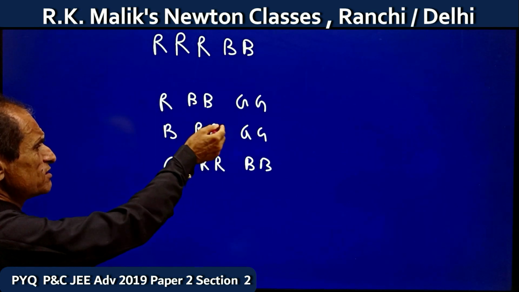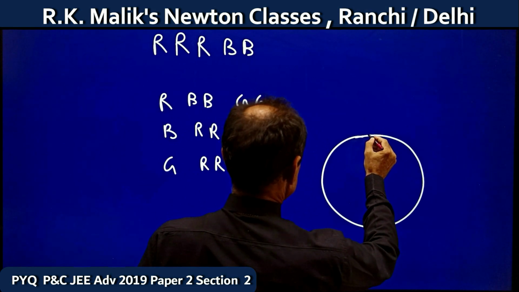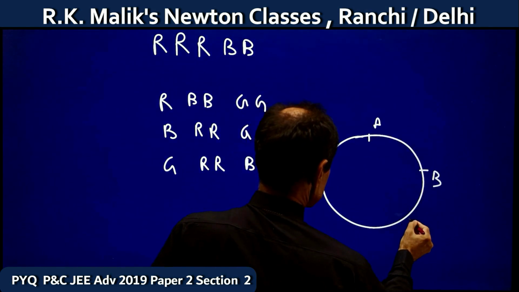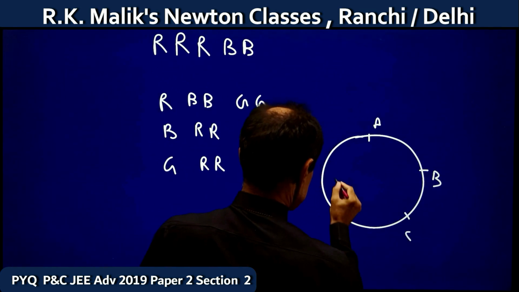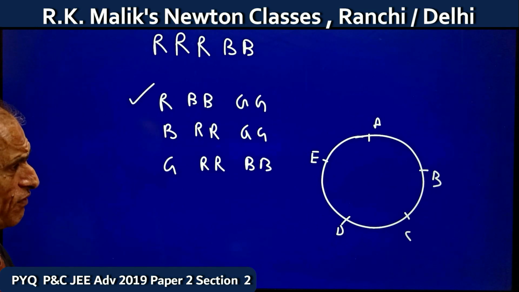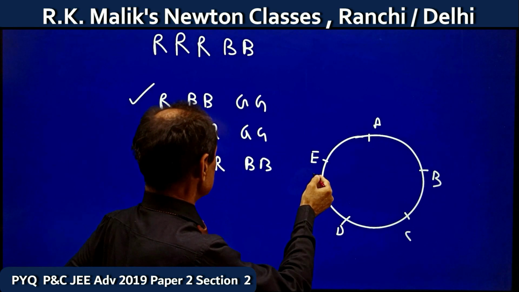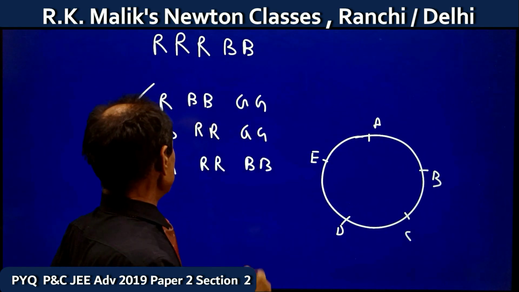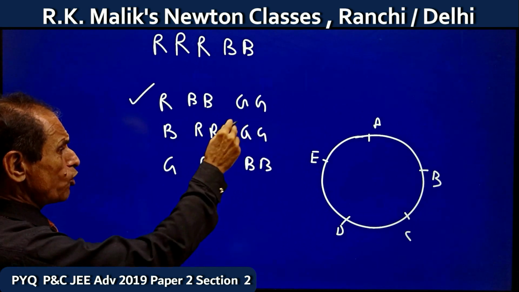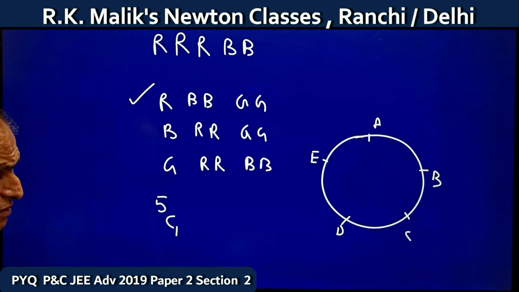In this case, we can distribute the hats among 5 persons. To find the number of ways, first we choose one person out of 5 persons to whom I will give the single colored hat. I can choose one person out of 5 persons in 5C1 number of ways.